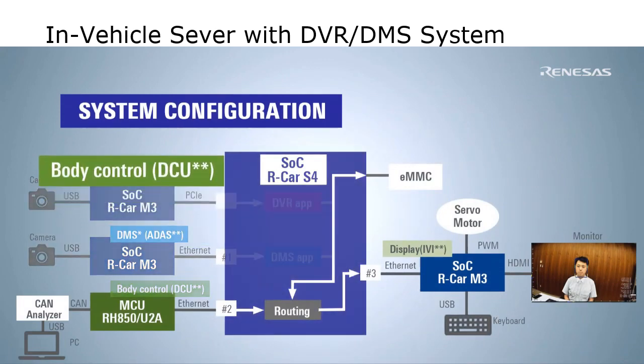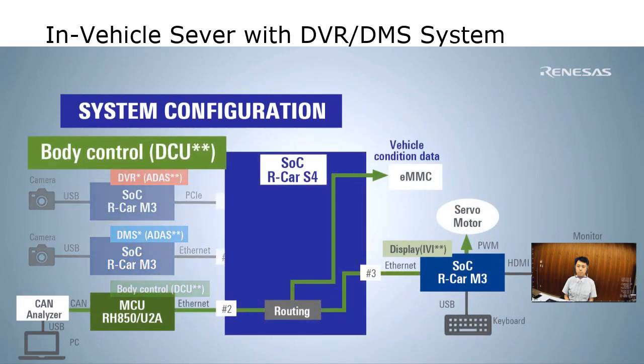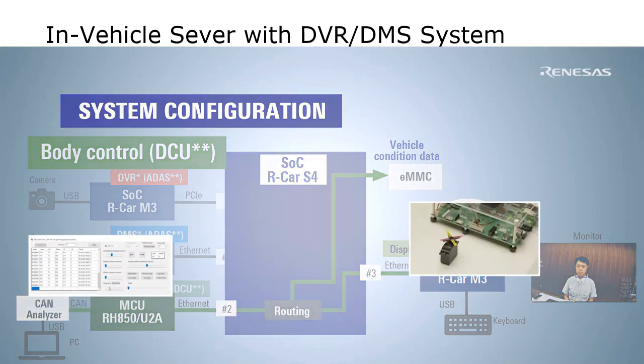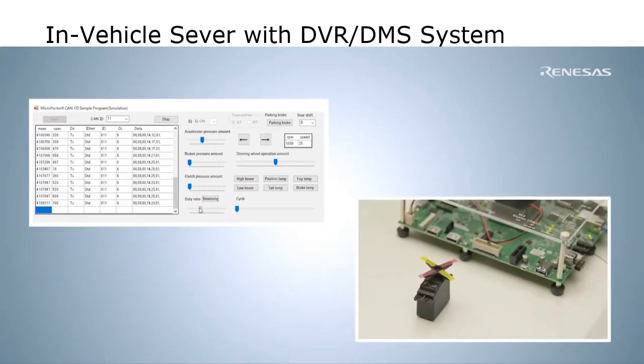The third is body control. Vehicle condition data and motor control data are input to the in-vehicle server via MCU as CAN signals. Vehicle condition data is stored in eMMC memory, and motor control data is routed to motor control.